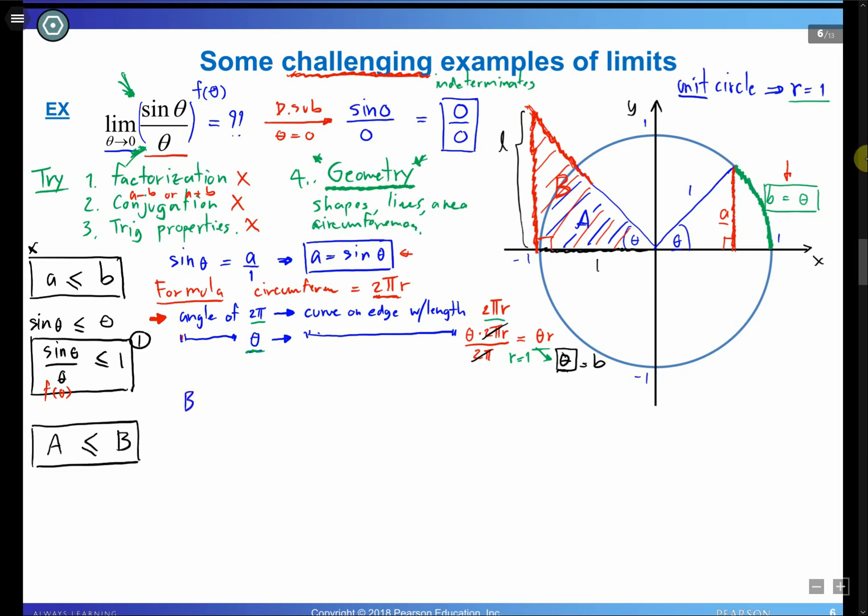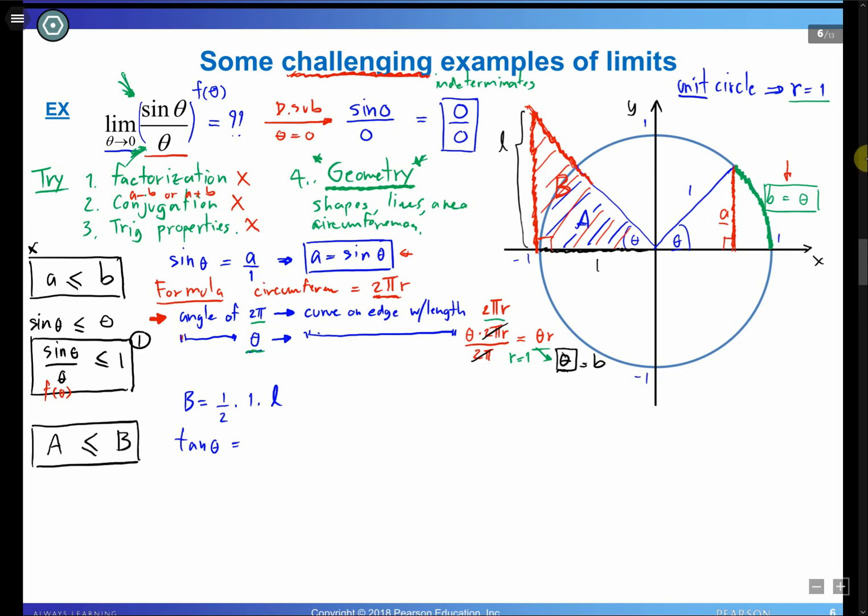Big B right here is equal to 1/2 times the base, which is radius of 1, times the height. But not just that. We are going to apply some trigonometry here. Let's use tan theta. Tan theta is going to be equal to the ratio between the opposite side of the angle to the adjacent side of the angle.